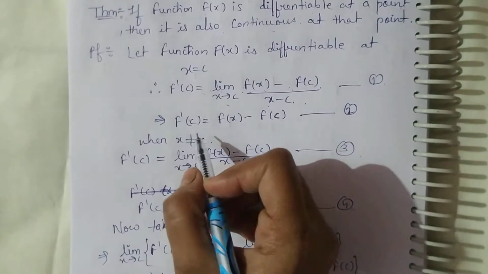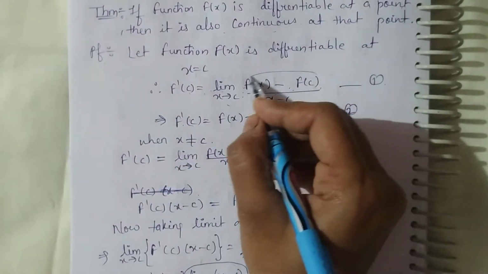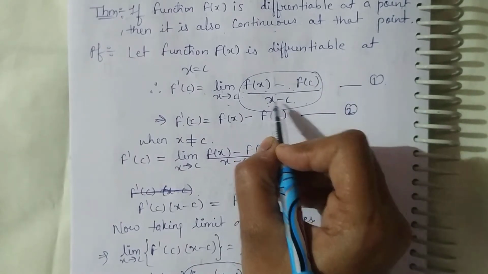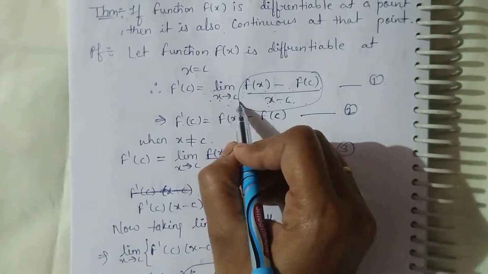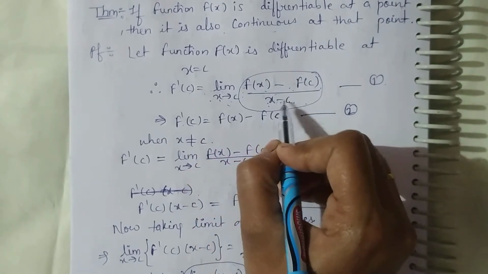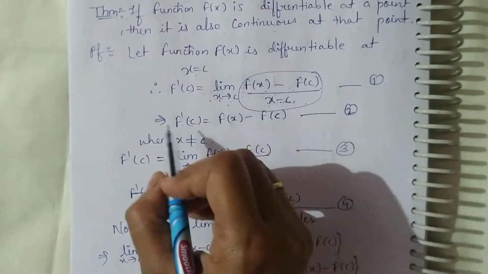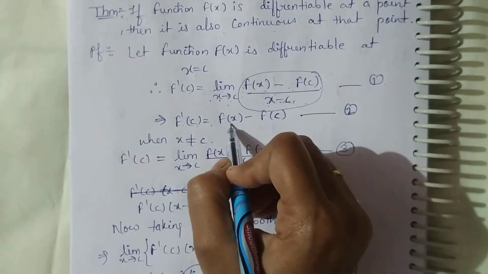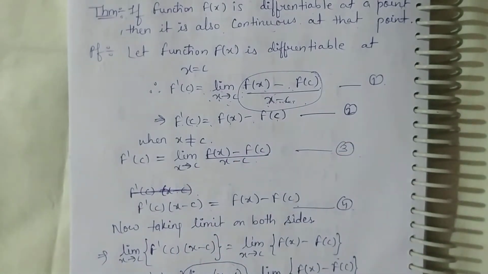Now, when we put x tends to c, x minus c becomes 0, this whole term reduces to 0, and we get f dash of c is equal to f of x minus f of c. Take this as equation second.